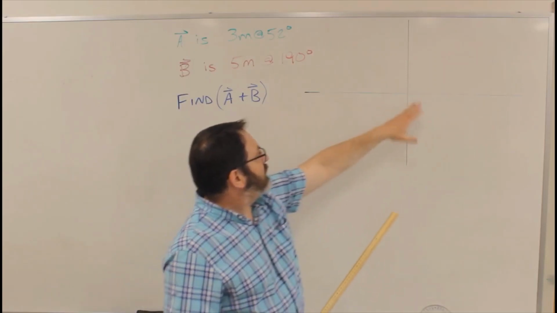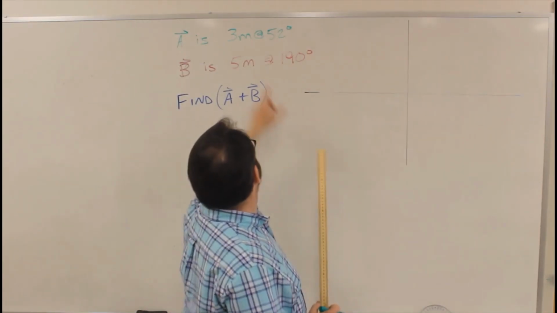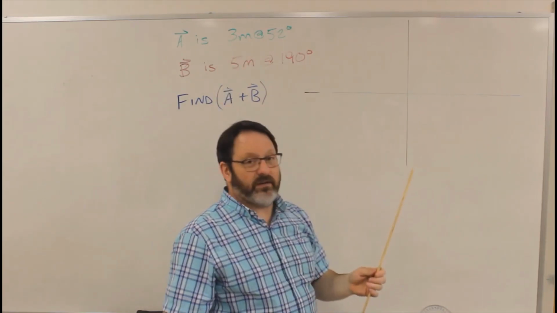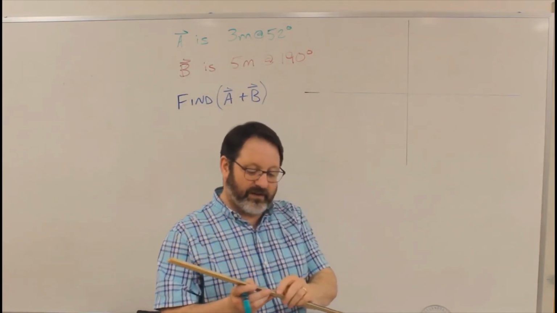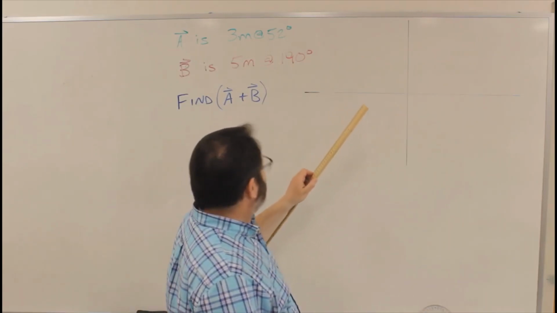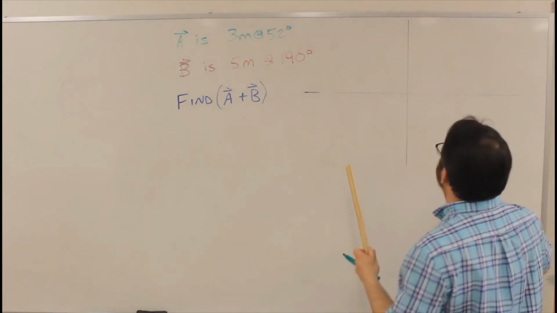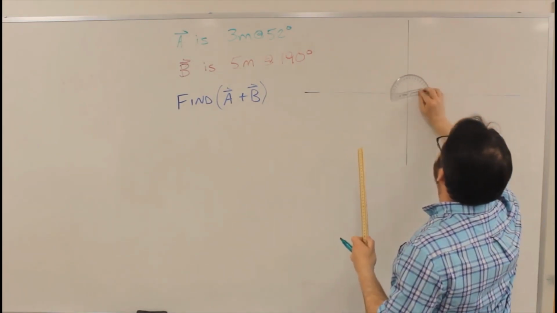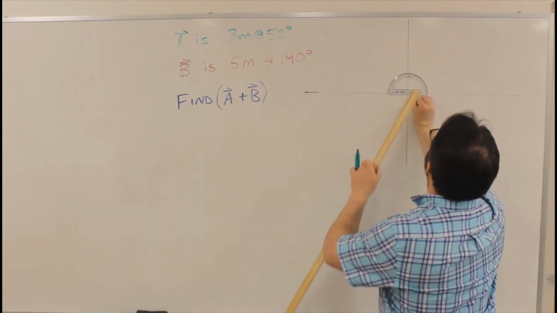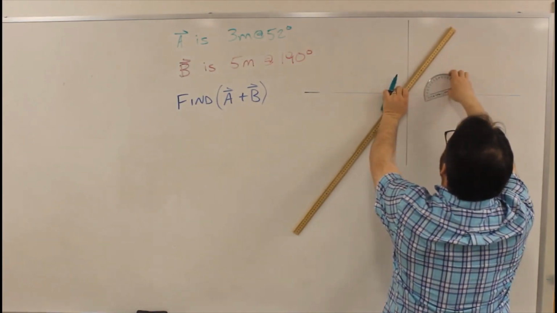I've put an origin here. So plus x is that way, plus y is that way. A is 3 meters. I'm not going to do 3 meters, I will do 30 centimeters, so we're a factor of 10 scale here, at 52 degrees. So I've got a protractor. I'm going to put my protractor here, and 52 degrees is about that direction.